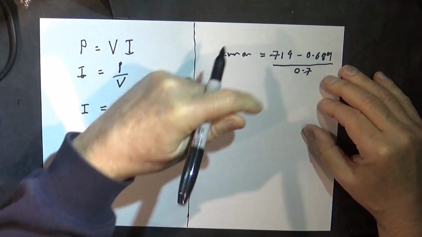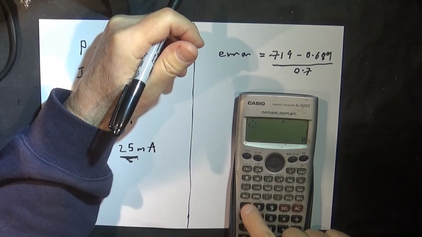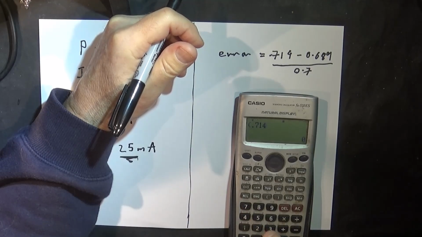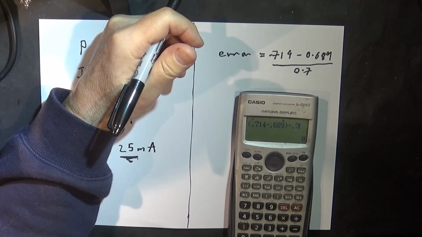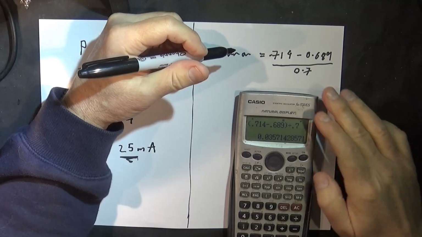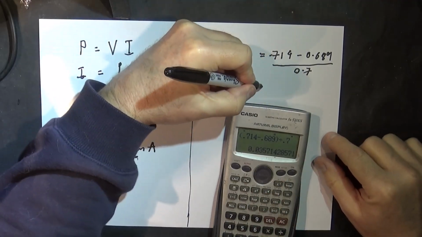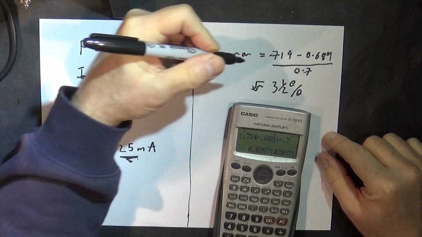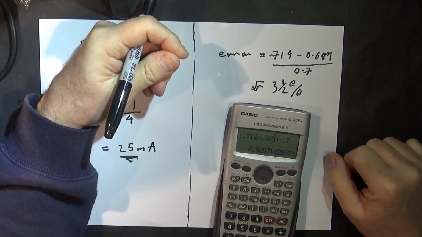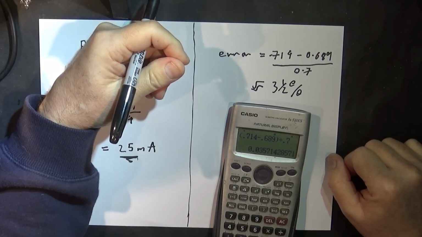We're just going for an approximate value here. 0.714 minus 0.689 divided by 0.7 equals 0.035, etc., which is approximately 3.5% error over the entire operating range of the circuit. That's good enough for what we're doing. It really is.